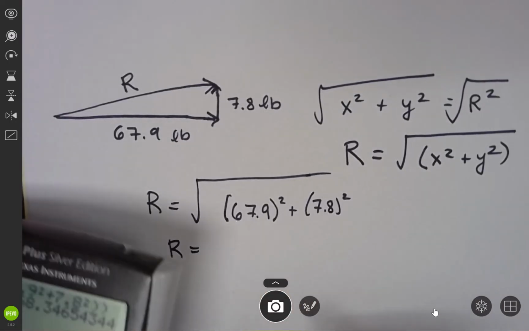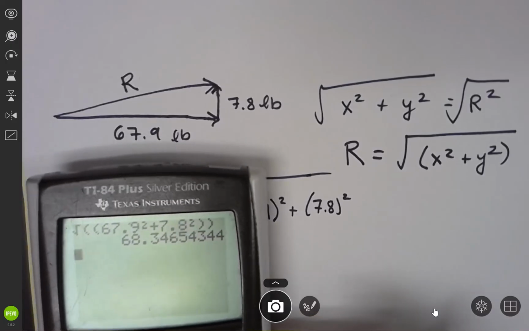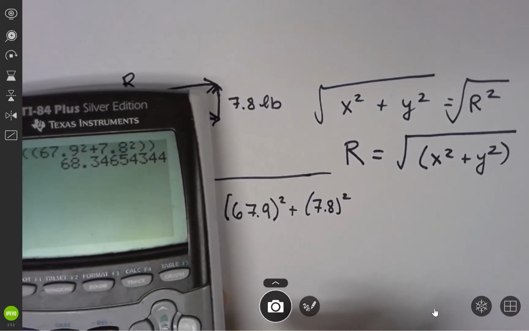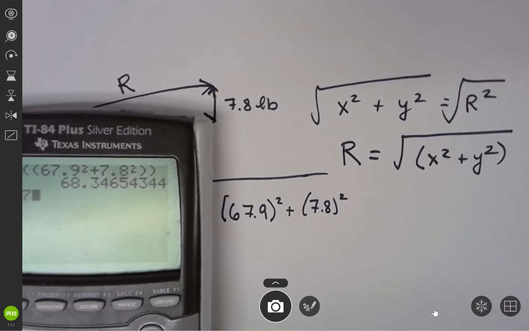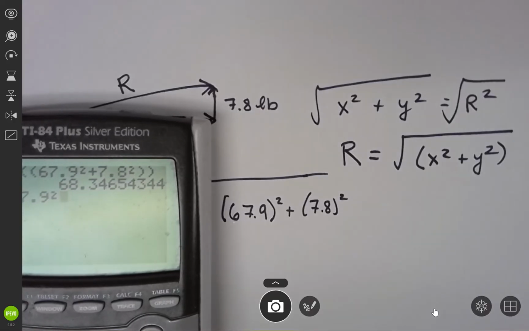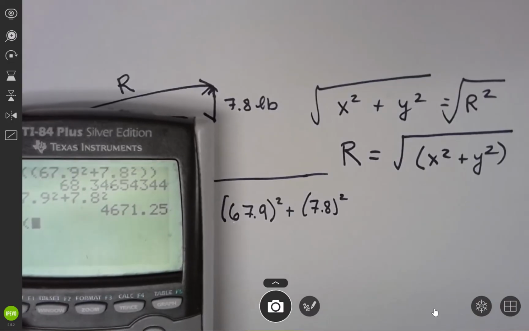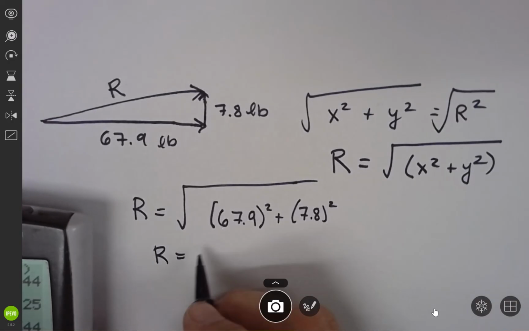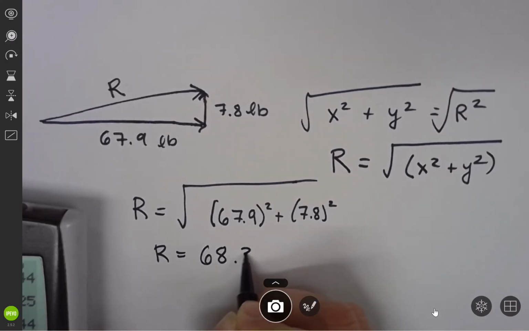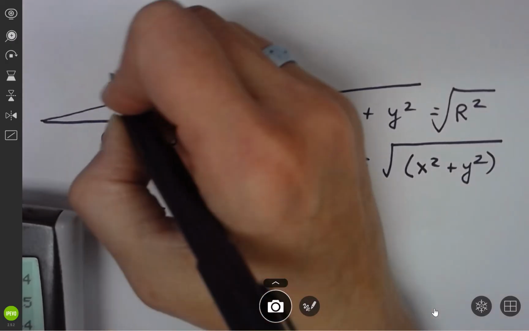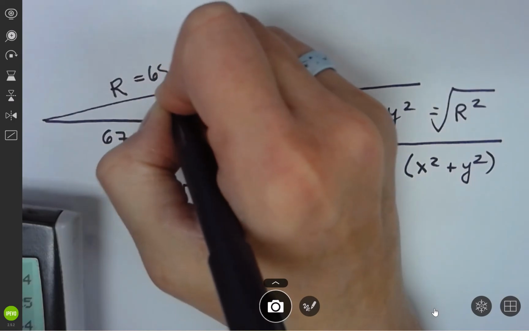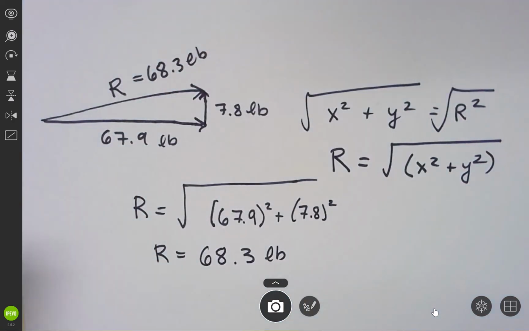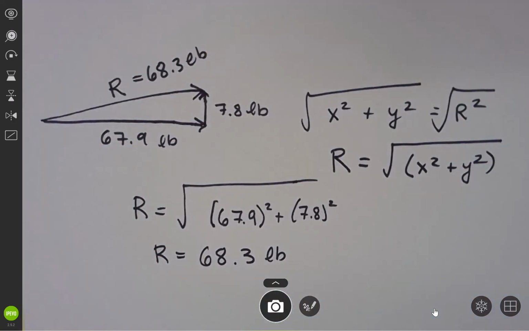If you don't have parentheses on your calculator, you can do this part first, 67.9 squared plus 7.8 squared, hit equal, and then hit the square root sign, and it'll give you the same answer, 68.3. And that is pounds. So that tells me that this here is 68.3 pounds. So that's a good chunk of what I need to know.